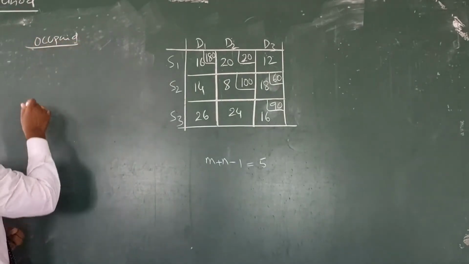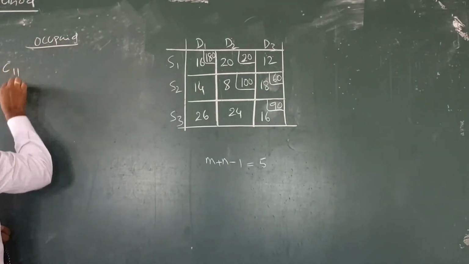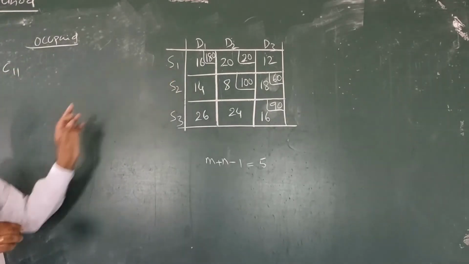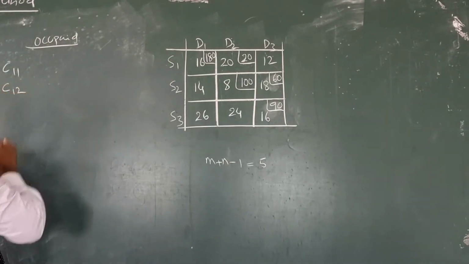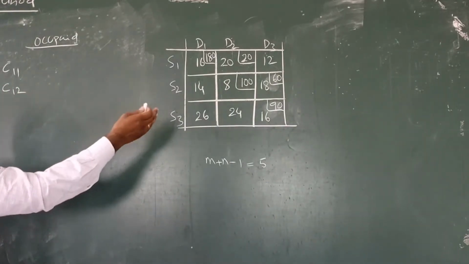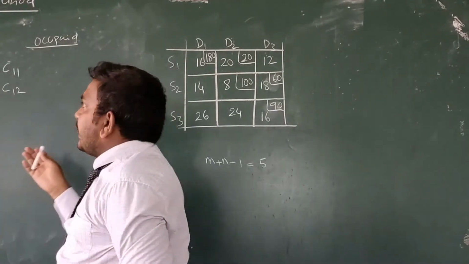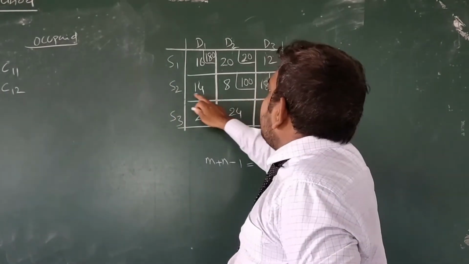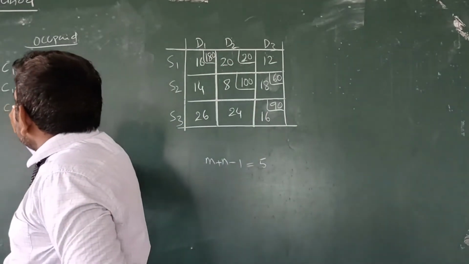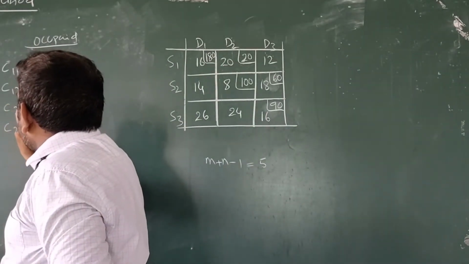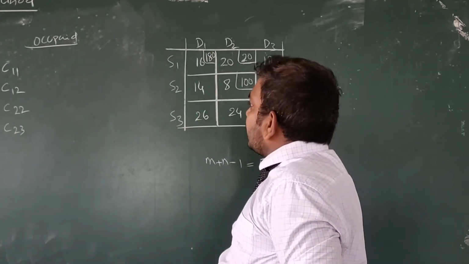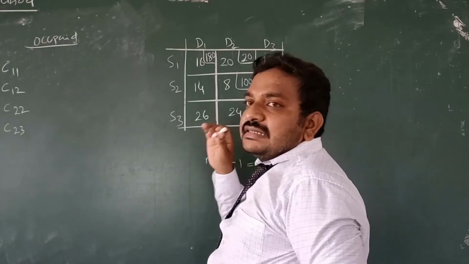C11 is an occupied cell. Secondly, C12 is an occupied cell. And in the first row it is over. In the second row I have C22 and C23. And next in the third row we have only one allocated cell, that is C33.